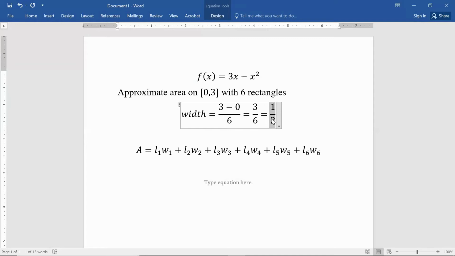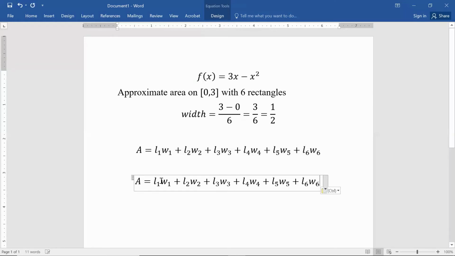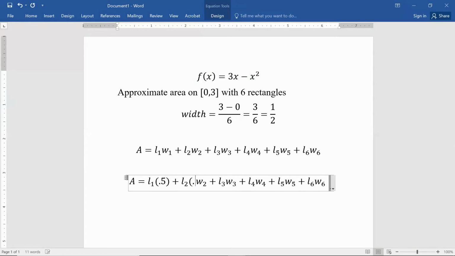In this calculation, that means each of these W's can get replaced with a 1/2. I'm going to write 0.5 instead of 1/2, but either way, if you'd rather write that as a fraction or a decimal, it's all the same.